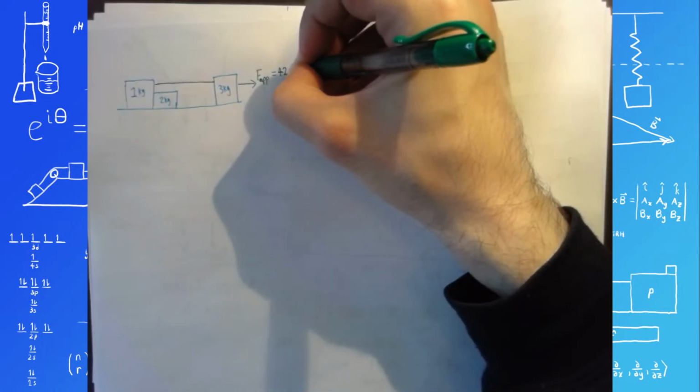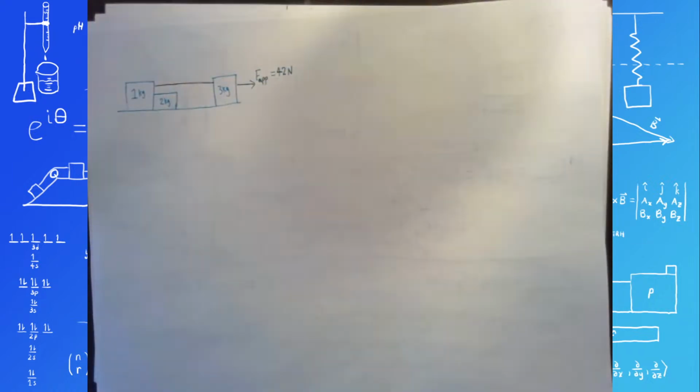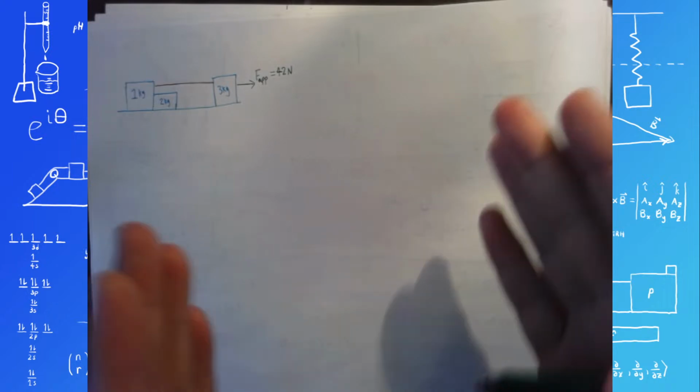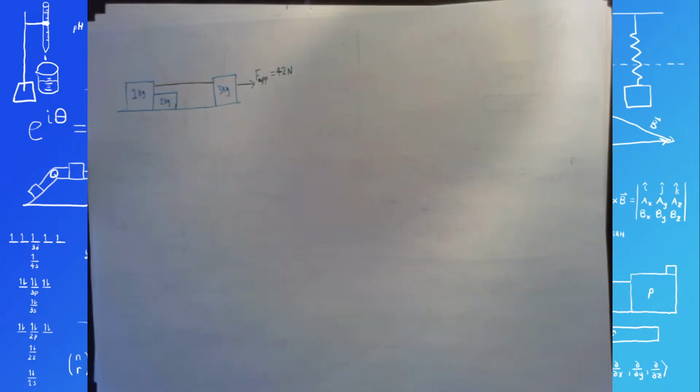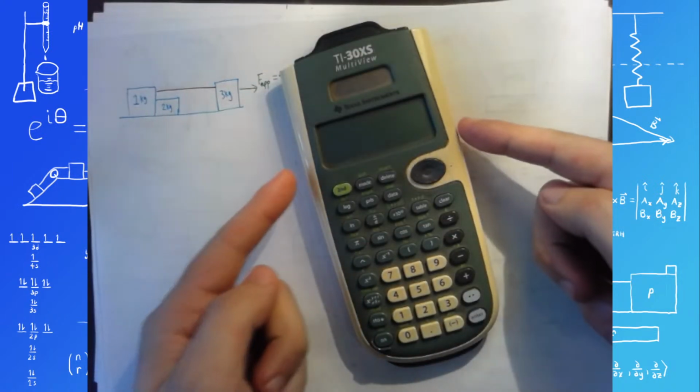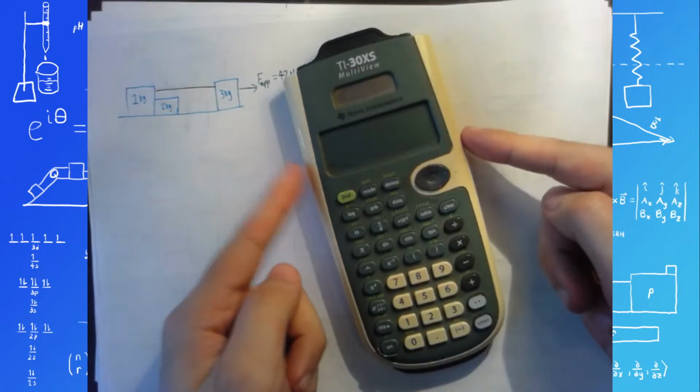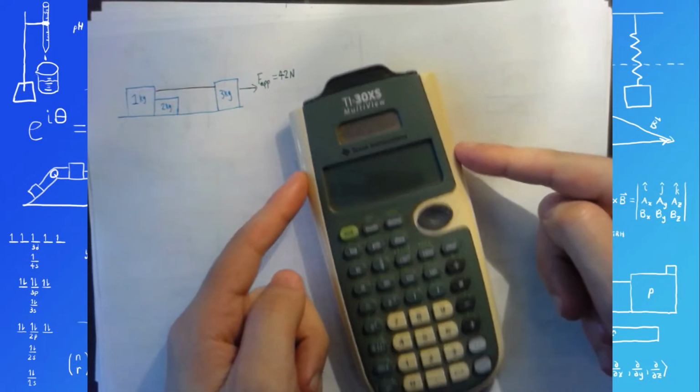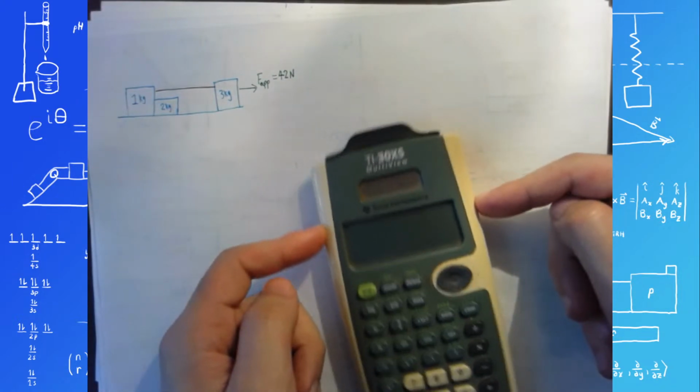Maybe this applied force is actually a tension force and they're just pulling the 3 kilogram block by another rope that we don't see, or maybe they're just pulling it with their hands, in which case they would be using the static friction force. If you're dragging something like this, then what you're actually doing is you're using static friction.